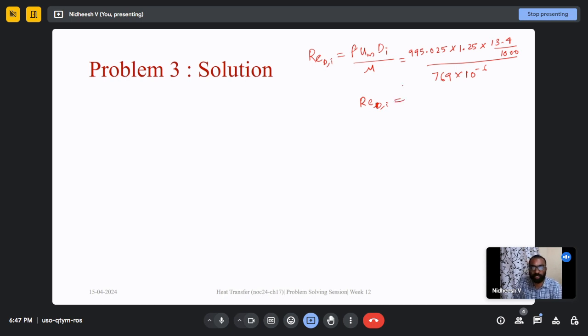Let me quickly substitute them and calculate it. 995.025 multiplied by 1.25 multiplied by 13.4 divided by 769 into 10 power minus 6 gives 21673.